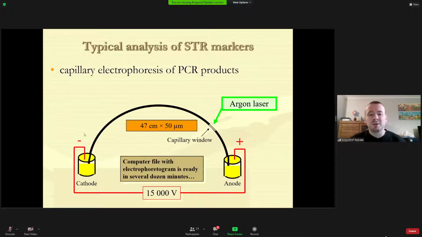Of course, you remember, this is just a brief summary of what I guess you know: the resulting PCR products are separated, typically in forensic genetics, by capillary electrophoresis. The shorter fragments go more quickly through the capillary, so that they reach a place called the window, on which an argon laser shines and induces fluorescence, which is detected by the detection system and stored on the computer.